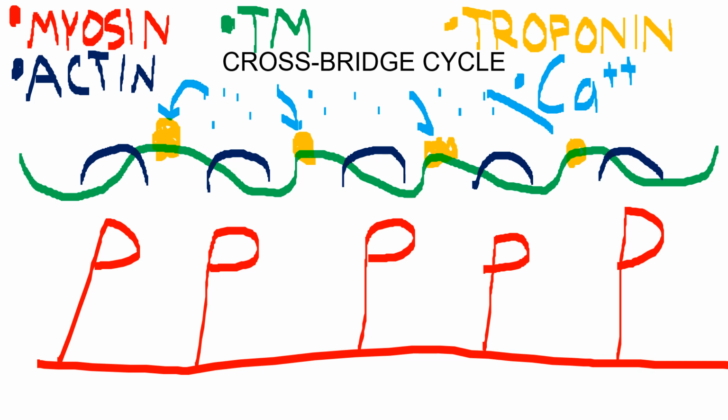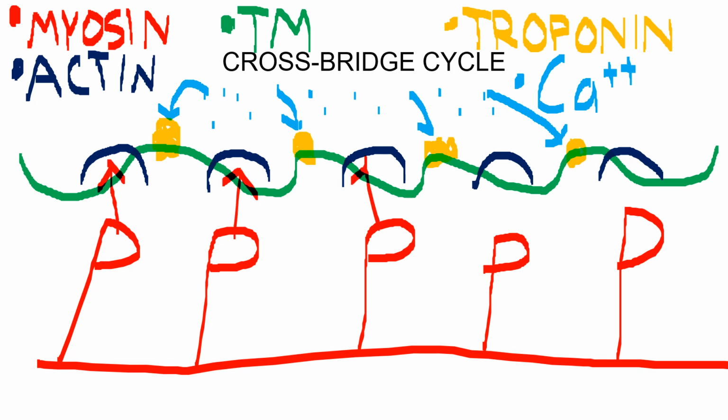So the troponin is what's going to help us temporarily move the tropomyosin out of the way. And my eraser is not working, but just picture with me that the green rope would be temporarily rotated so the myosin and actin can actually get together.